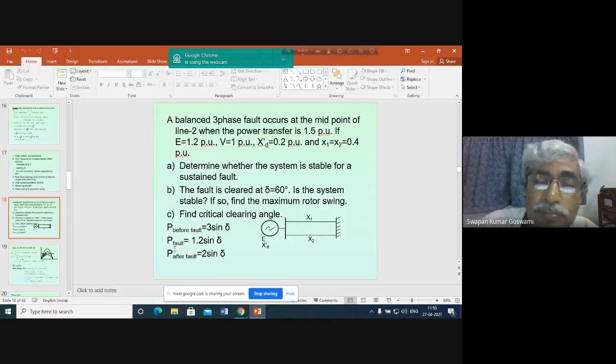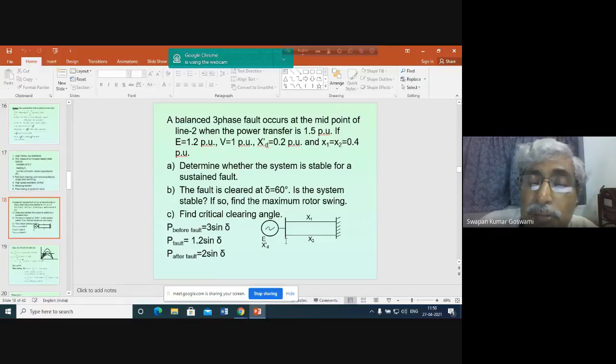During fault, what happens? During fault it becomes 1.2 sine delta. So during fault, what is the situation? Okay, here these are given, but sometimes you may have to actually calculate these values like 1.2. So that's why I am explaining it here. What will be the P fault? That means during fault, what is the peak of the power angle curve?